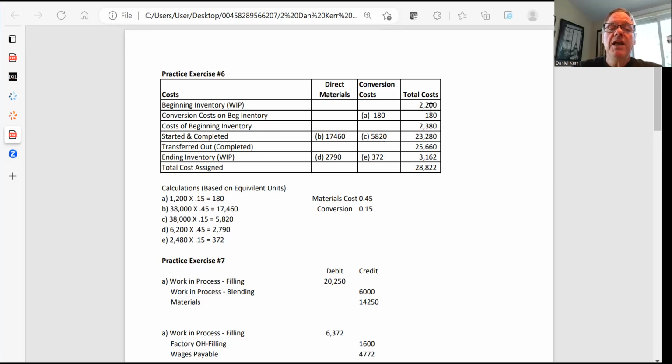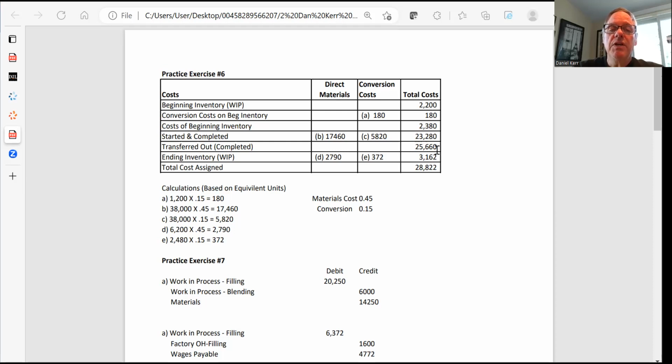So the beginning inventory plus the conversion cost related to the beginning inventory, and then the cost started and completed of 23,280, gives us the total cost of the goods transferred out and completed, which is 25,660.